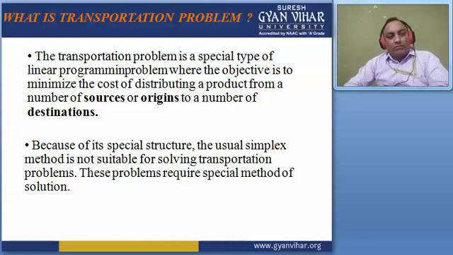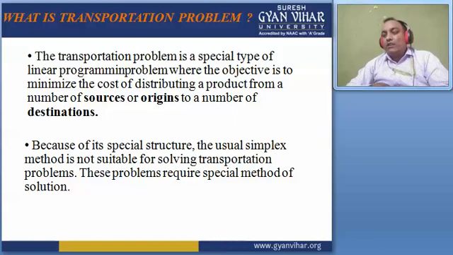In this problem, the main objective function is to minimize the cost of distributing a product from a number of sources or origins to a number of destinations.